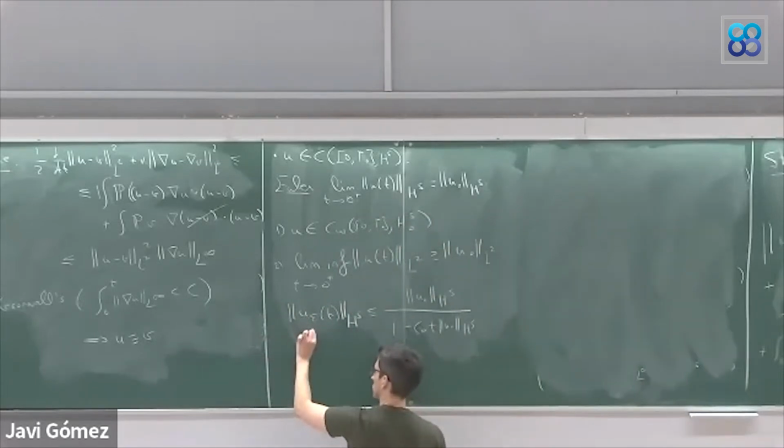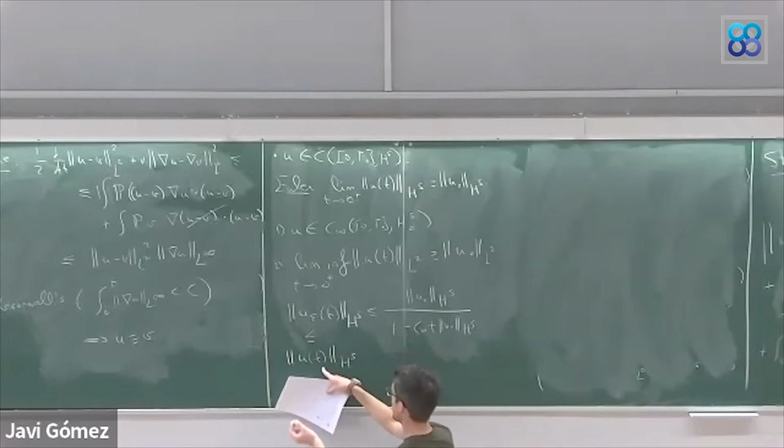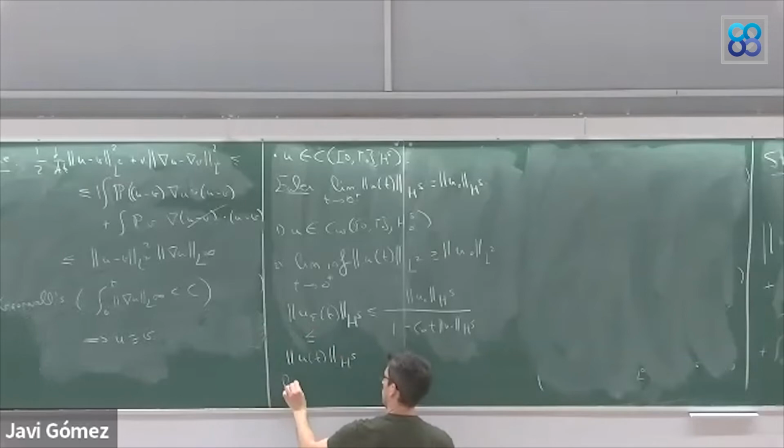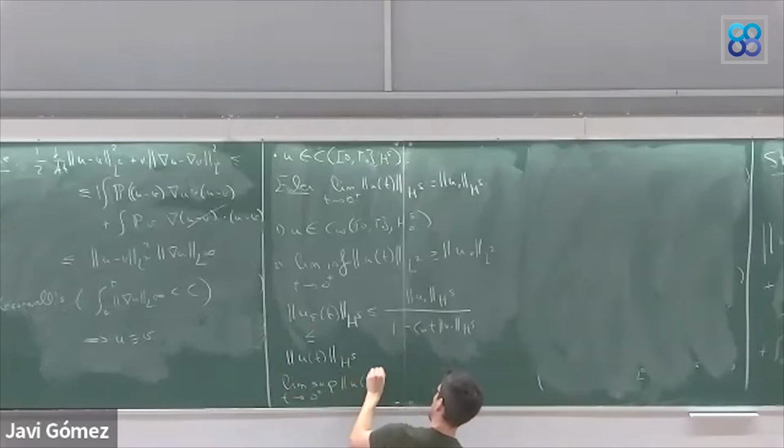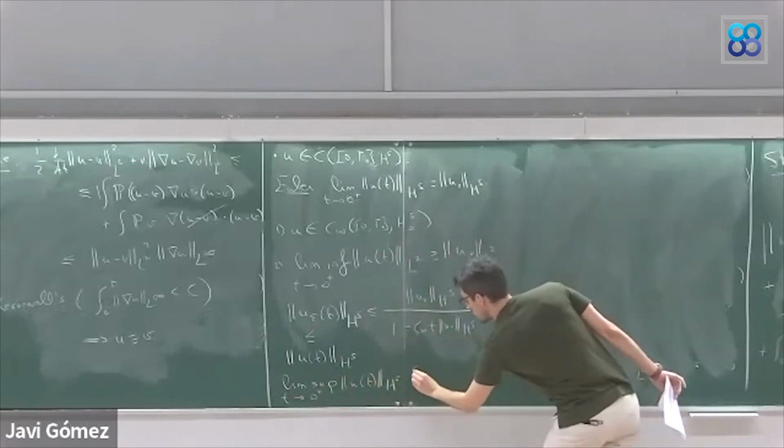So this is bigger or equal than the H^s norm of U, and then take lim sup in T. So here, this appears.